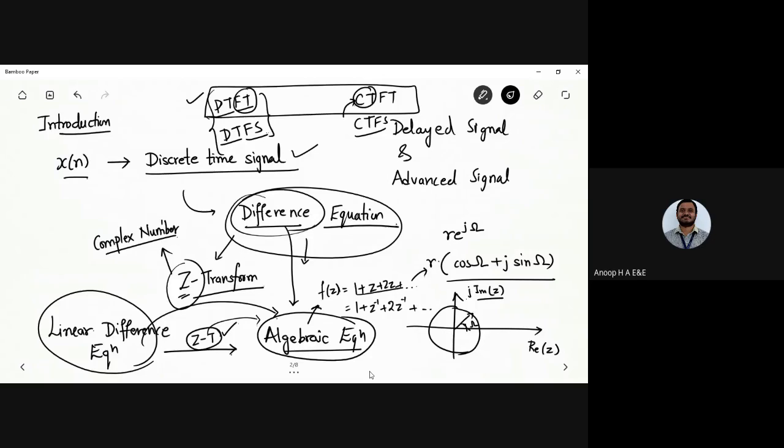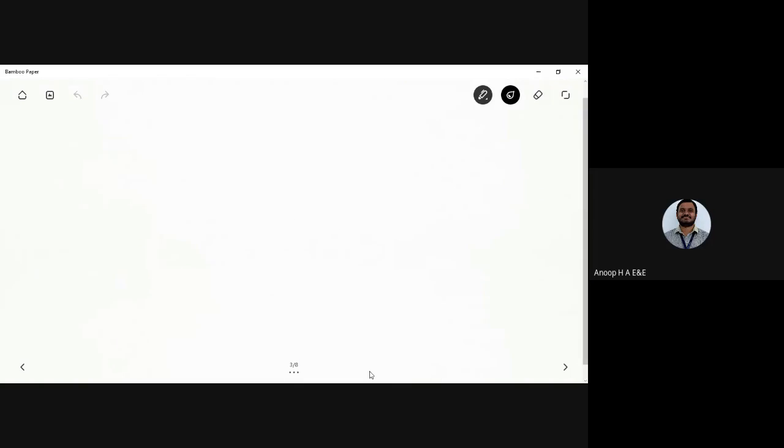Now, if I want to analyze the system characteristics, any discrete time system will have certain system characteristics, right?